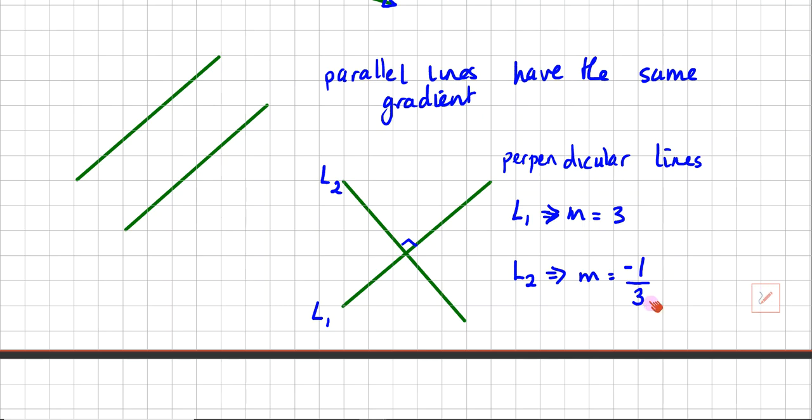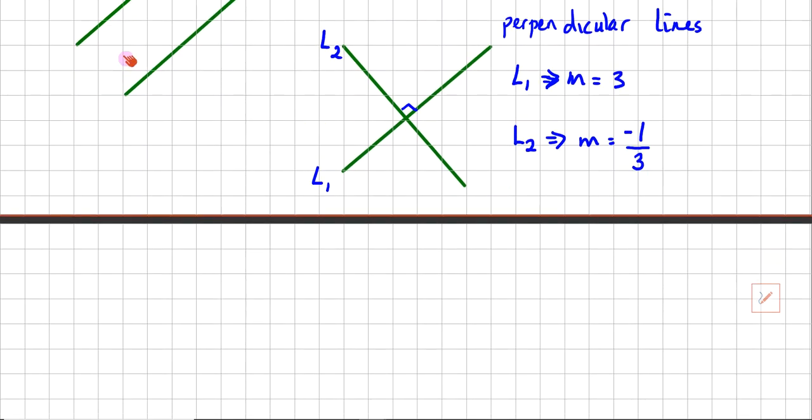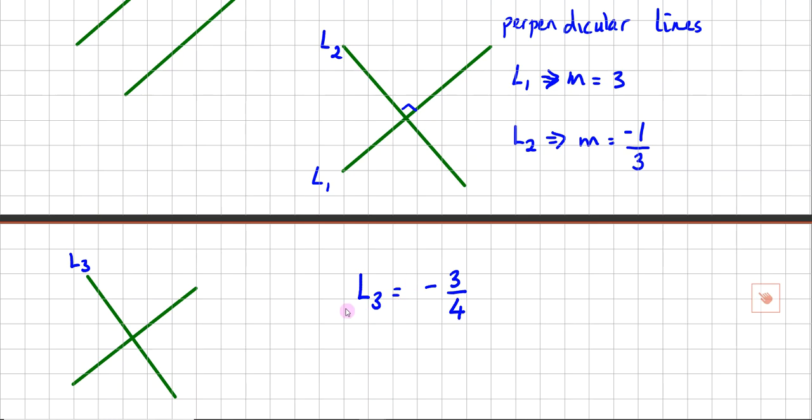So, for instance, if I give you two other perpendicular lines, right? If I tell you that line 3 has a gradient of negative 3 divided by 4. Are you happy with that? Yeah. So the run is 4, the rise is actually negative 3.